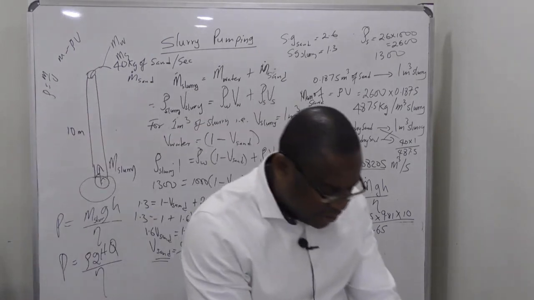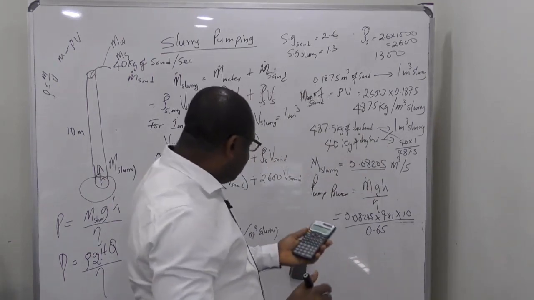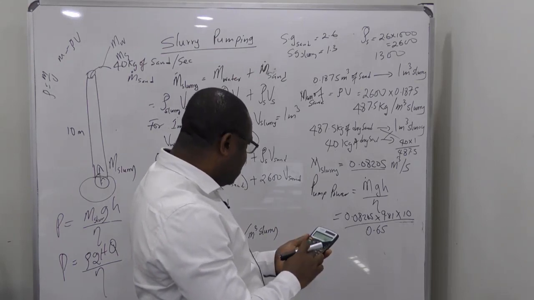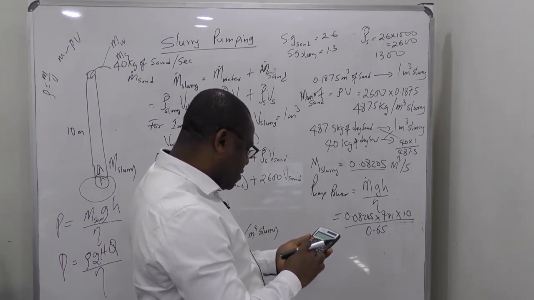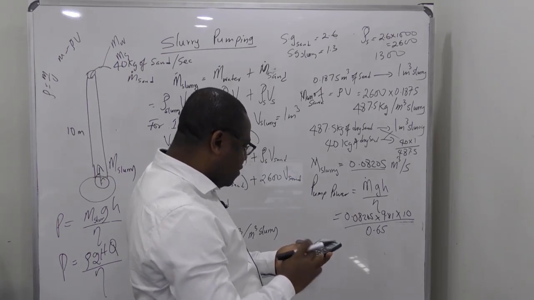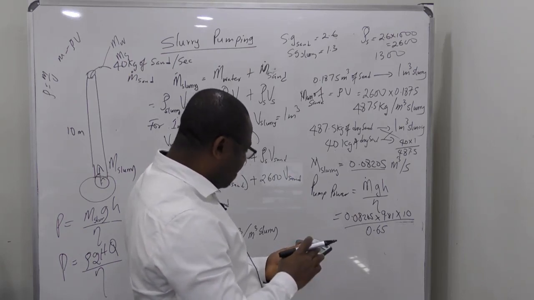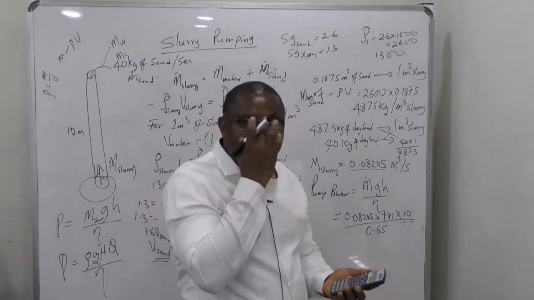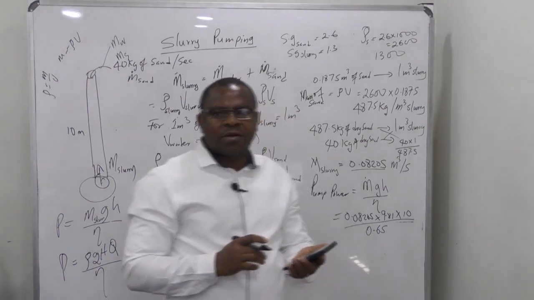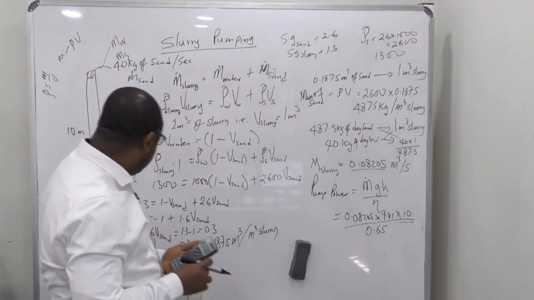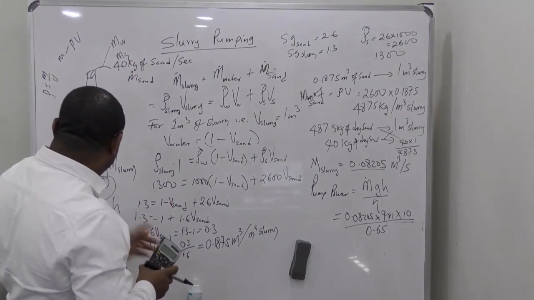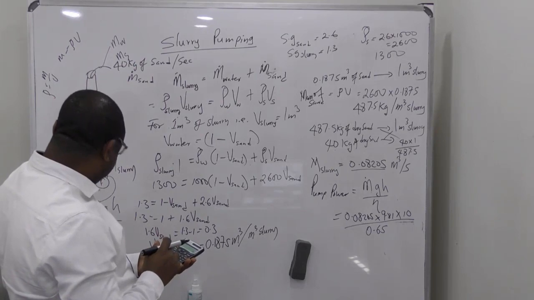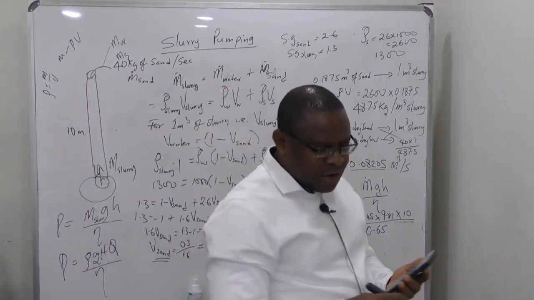So if you divide that, 0.08205 times 9.81 times 10, divided by 0.65. Did I miss anything? Oh, rho g, I mean gh, okay, it's fine.